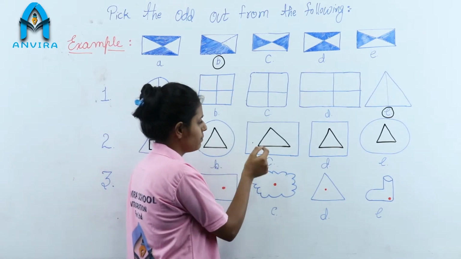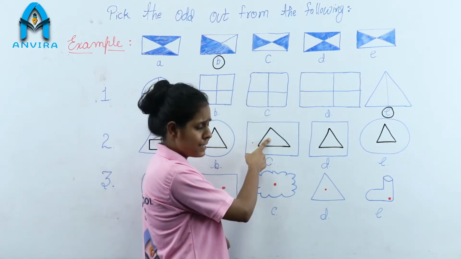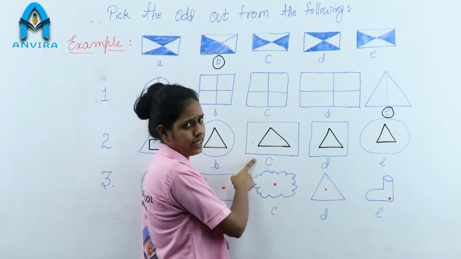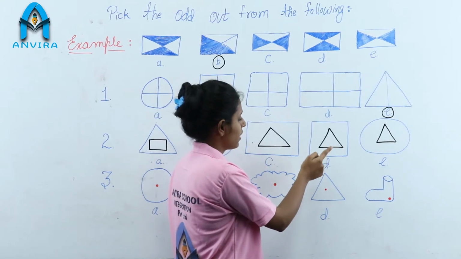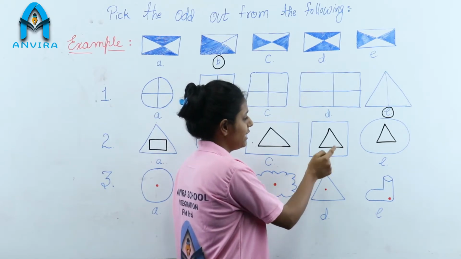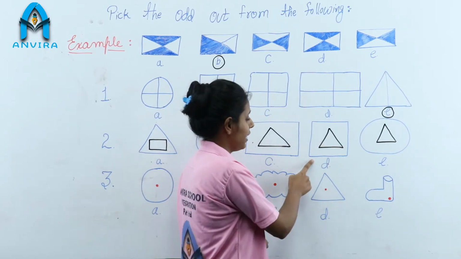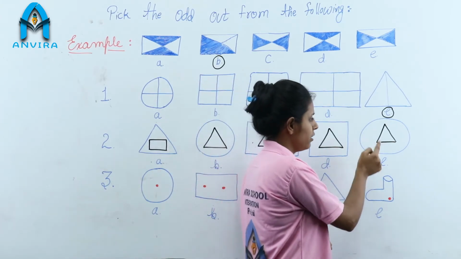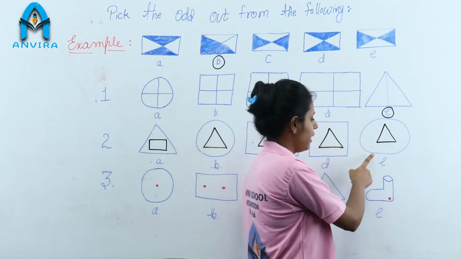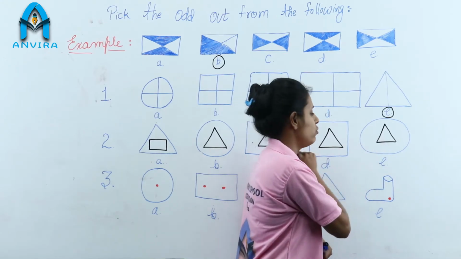In option C, triangle is inside and a rectangle is outside. In option D, triangle is inside and a square is outside. In option E, triangle is inside and oval is outside.